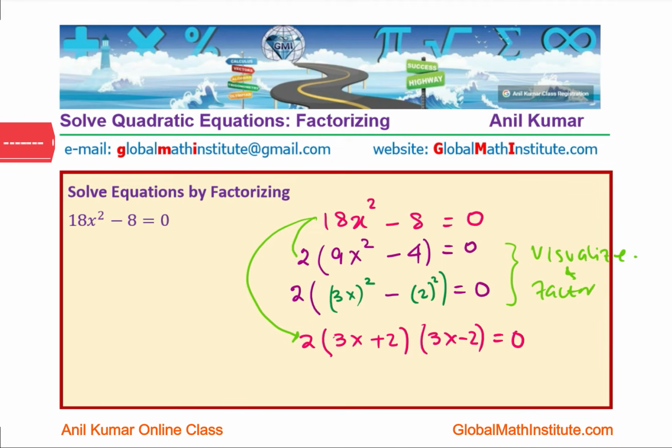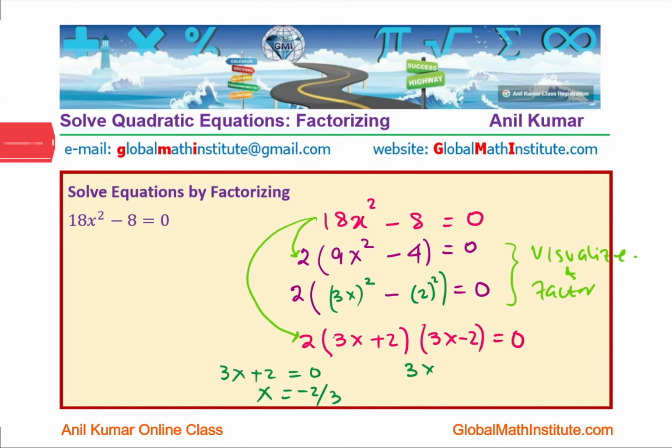Of course, this step is very critical. Once you factor out 2, then you get a clear idea that this is a difference of squares. And now you can find the solution, equating each one of them to 0. So 3x plus 2 equals to 0 means x is equal to minus 2 over 3.